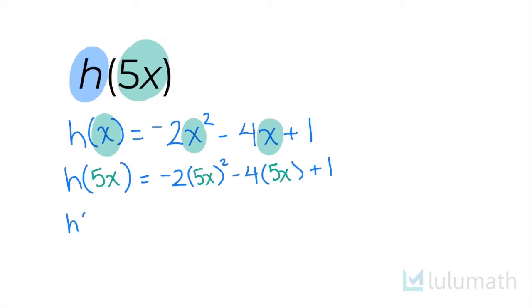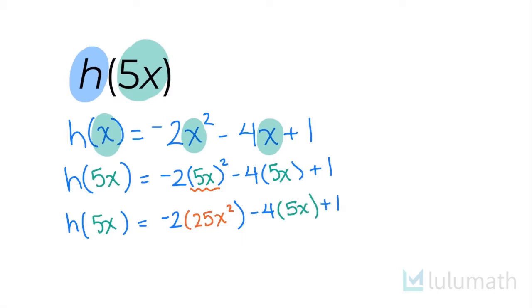So h of 5x is equal to negative 2, and then according to order of operations, I should do my exponents first. So 5x, when I square it, becomes 25x squared, because I square the 5 and get 25, I square the x and get x squared. Then I'm just going to copy the rest of it down because I don't see any more exponents to deal with.